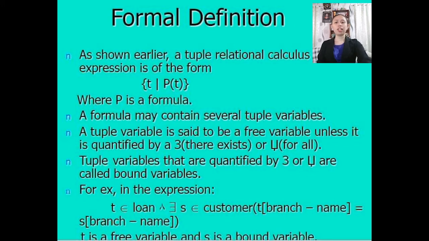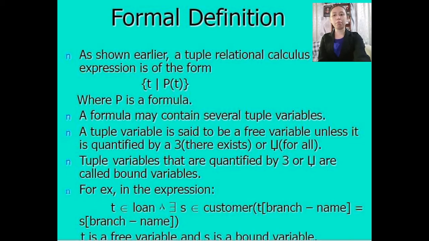Therefore, a GQL is designed to support specific graph operations such as graph pattern matching and shortest path finding. So, let's go back to this expression. It is the set of all tuples t such that predicate P is true for t, where P is a formula. A formula may contain several tuple variables.